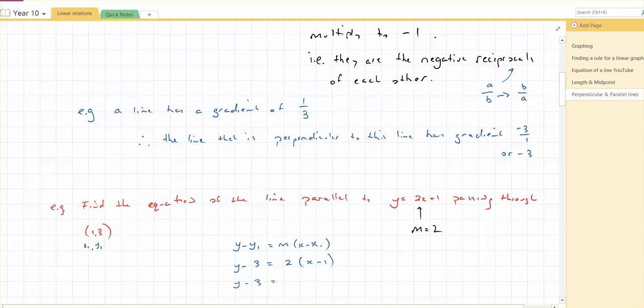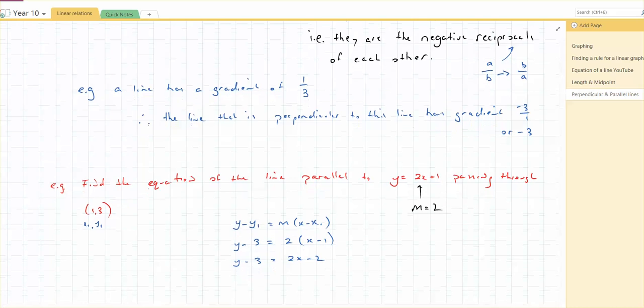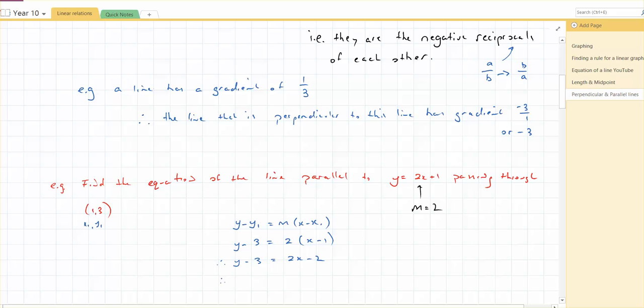So y minus 3 is equal to 2 times (x minus 1), and if we just tidy this up, we get y is equal to 2x. We add 3 to this side here, and we get y equals 2x plus 1. That was 2 by 1 is 2, plus 1 is 3.